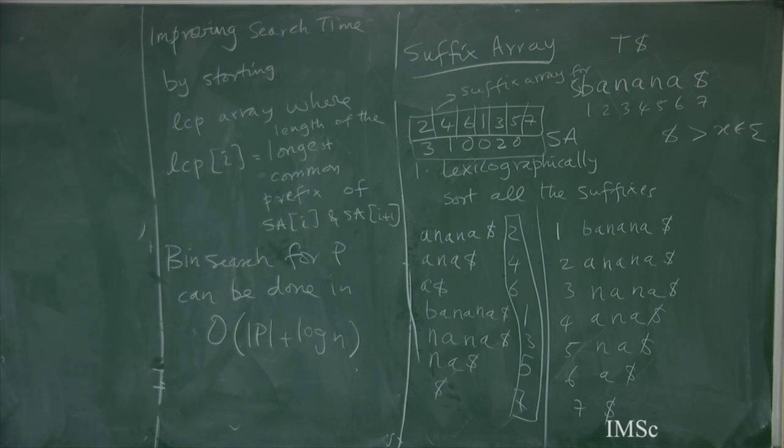Let us say, suppose the length of the common prefix between L and my pattern is l, and the length of the common prefix between R and my pattern is r. Suppose I know this information. I will argue that as I go along in my binary search, I can actually remember this information as well. This is basically how much my pattern has matched.